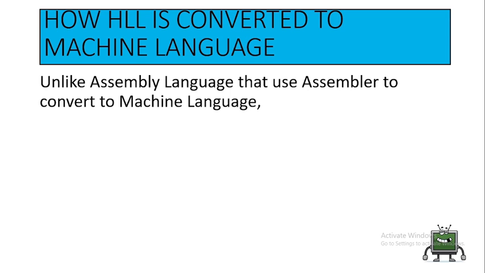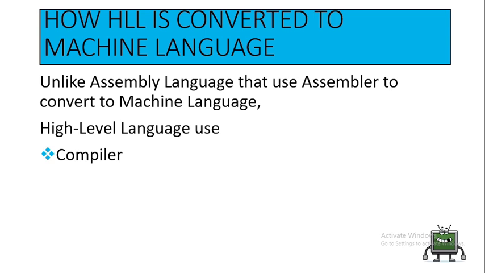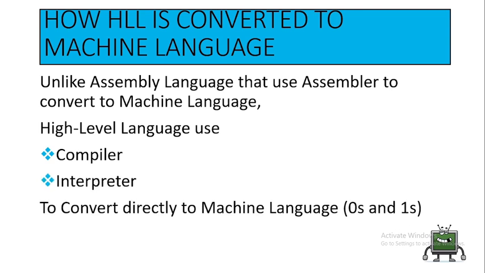Unlike assembly language, which used an assembler to convert to machine language, in high-level language we use what is called a compiler or interpreter to convert directly to machine language, which is zeros and ones. In assembly language, we use an assembler, and in high-level language, we use either a compiler or an interpreter to convert directly to machine language. That is the language of the computer.